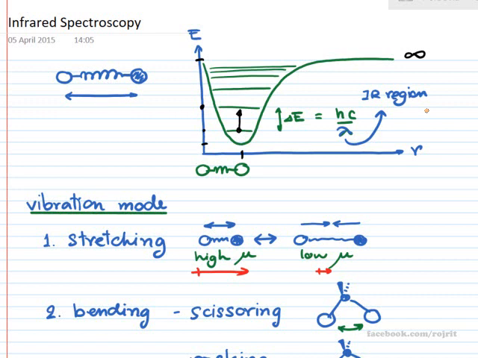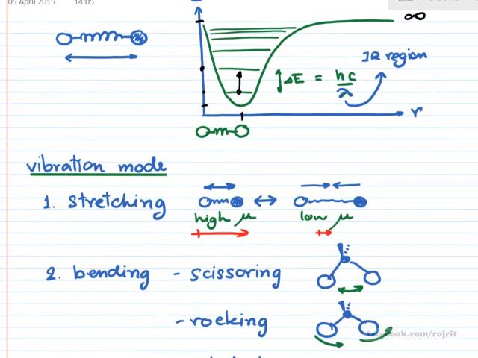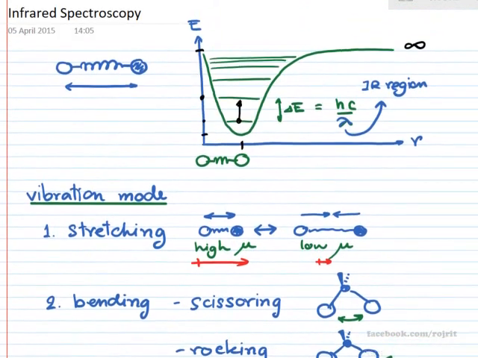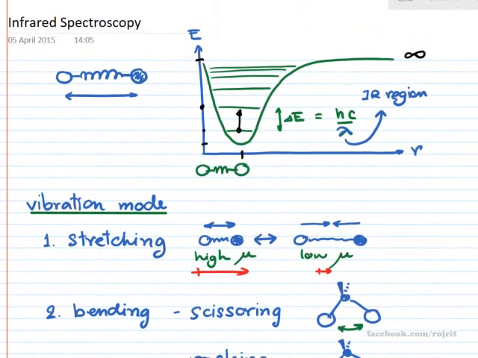Okay. So if you have different kinds of chemical bonding, you need different IR energy to excite it from the ground state to the excited state. And actually the vibration modes can be divided into very many types. First of all, it is called stretching. So you have the ground state stretching and the excited state stretching, things like that.